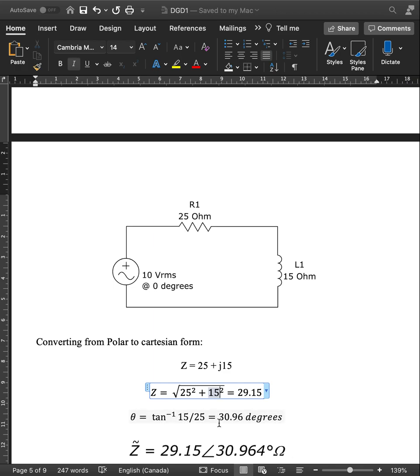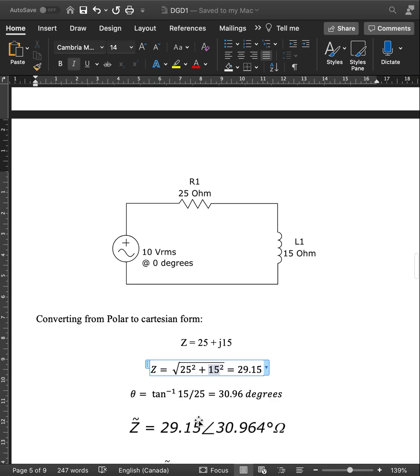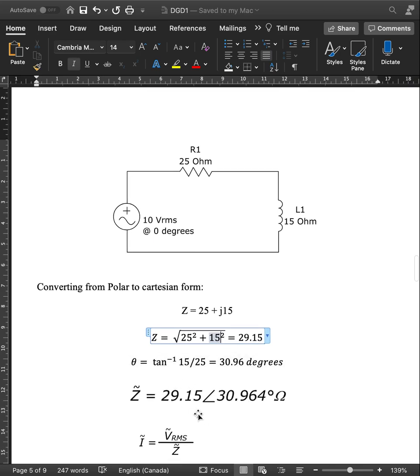That gives us the angle in degrees. Make sure your calculator is in degrees. Radians might be a little different, so we're just going to be dealing mostly with degrees in this case. It is written just like this: 29.15 angle 30.964. Hence it means that the current is lagging by 30 degrees in our case for this circuit.